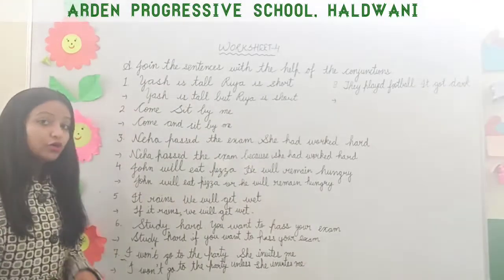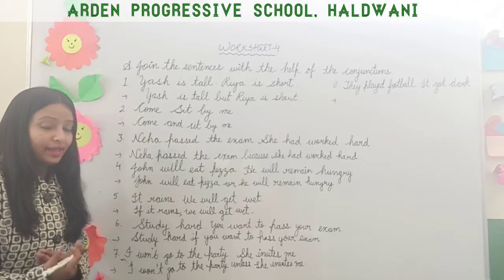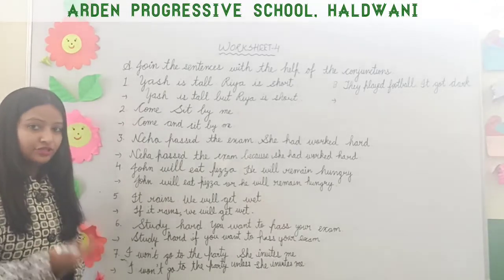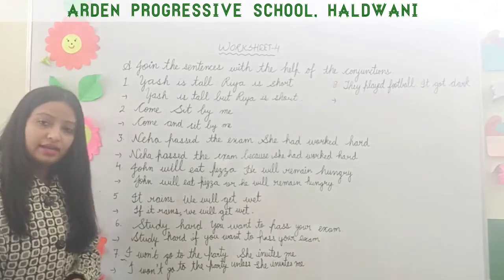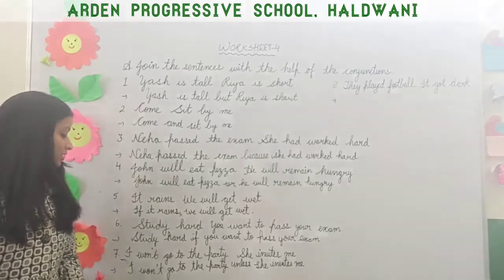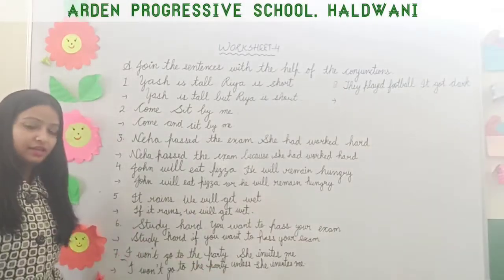I have decided not to go to the party, but an exception, that is she invites, can change my plan. So if she invites, then I will go to the party.